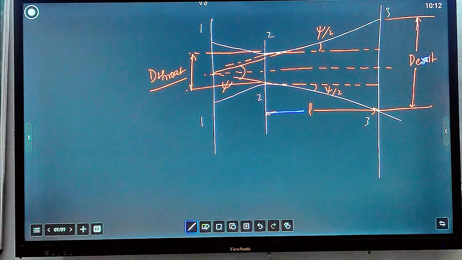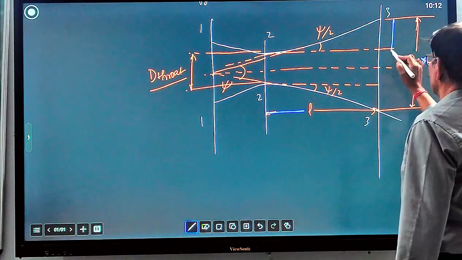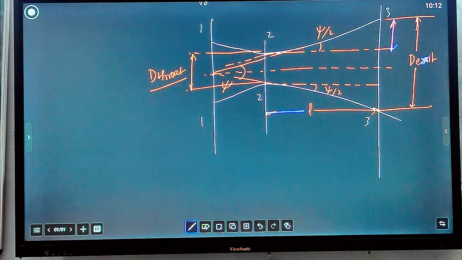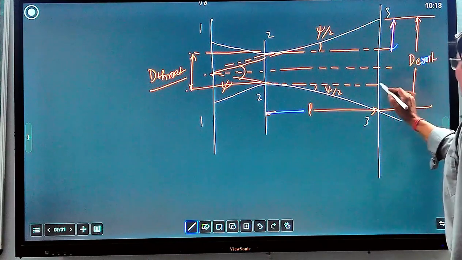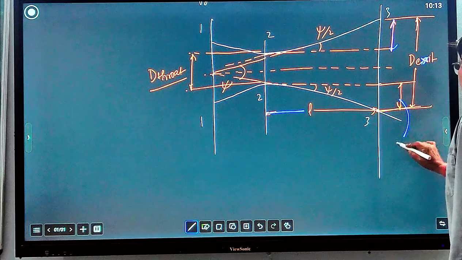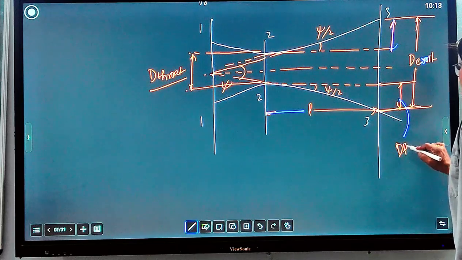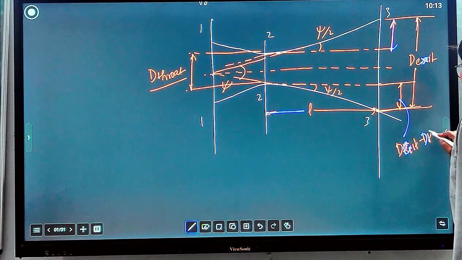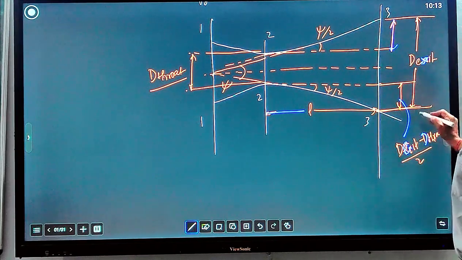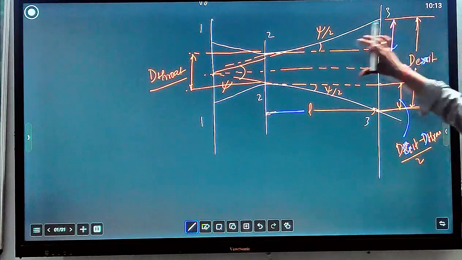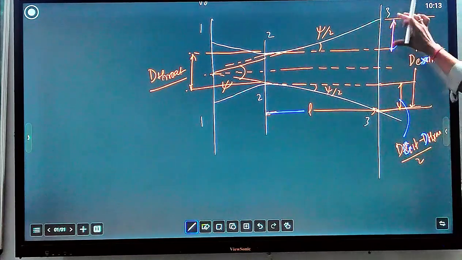Now let us see what this value is. This is equal to (D exit minus D throat) by 2. Because if it is the whole diameter and you reduce the throat diameter, you get two remaining parts.